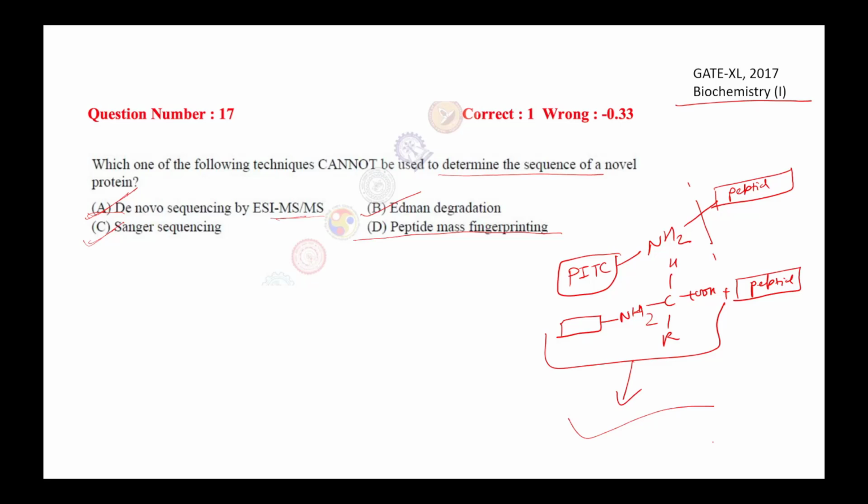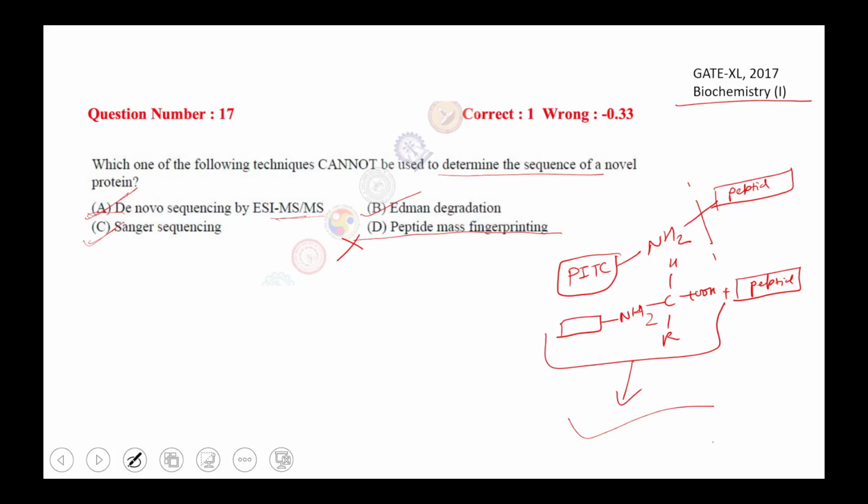But peptide mass fingerprinting is only used for the fragmentation of the protein, not for the sequencing. So out of these 4 options, this particular D option is the wrong option here. Other 3 are used for the sequencing.